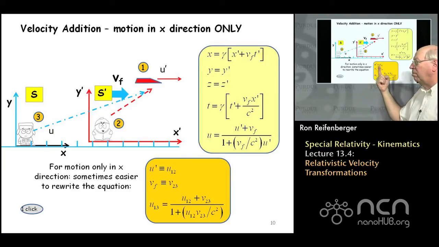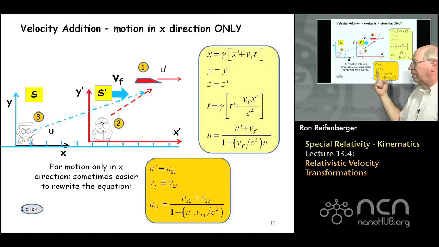So u prime is the velocity of the object measured from the reference frame 2. The object is subscripted by the index 1. The reference frame is subscripted by the index 2. So u prime now becomes this quantity u sub 1, 2. Likewise, v sub f is the velocity of this reference frame measured with respect to this observer, which has the subscript 3.